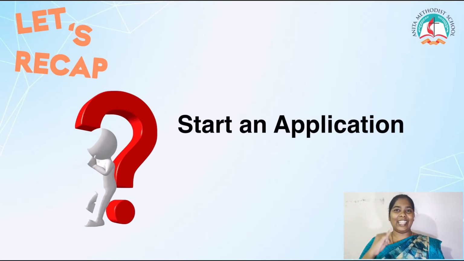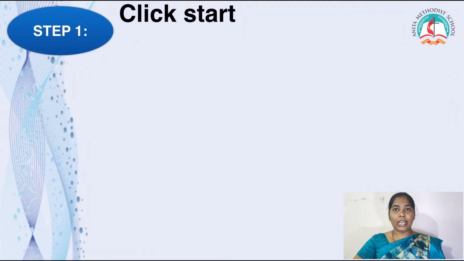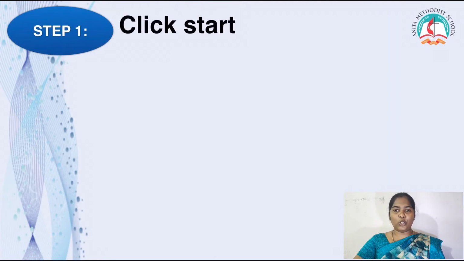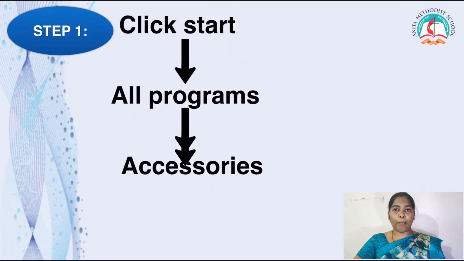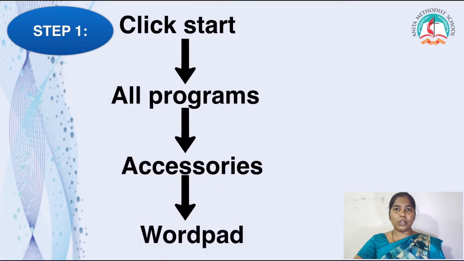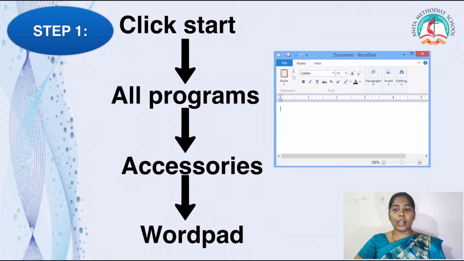Good children, Excel, Word, PowerPoint, etc. Today we are going to see how to create a file in WordPad. Click Start, the same step, All Programs, then Accessories, and then the WordPad which I am going to work on. When I choose all the steps, my dialog box will appear like this.